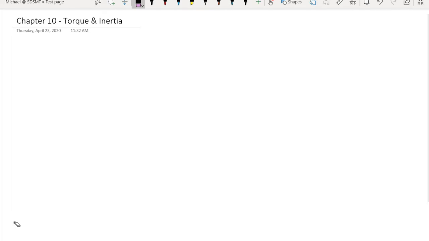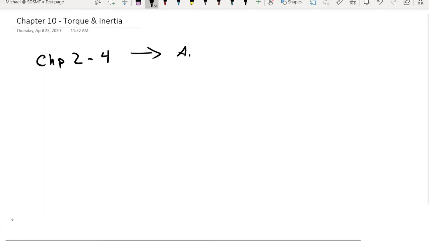So in continuing in this chapter, what we want to do next, the previous video basically took materials from chapters 2 through 4 and applied those to angular motion. And so that was almost exclusively kinematics.